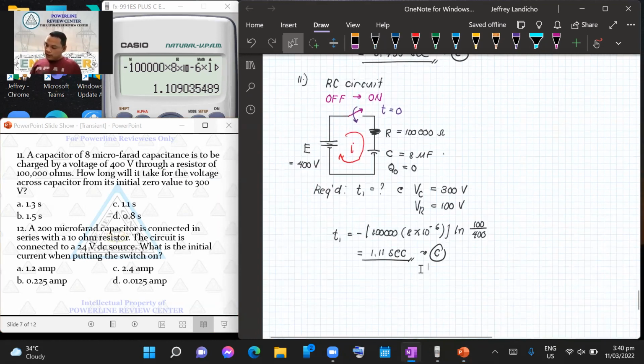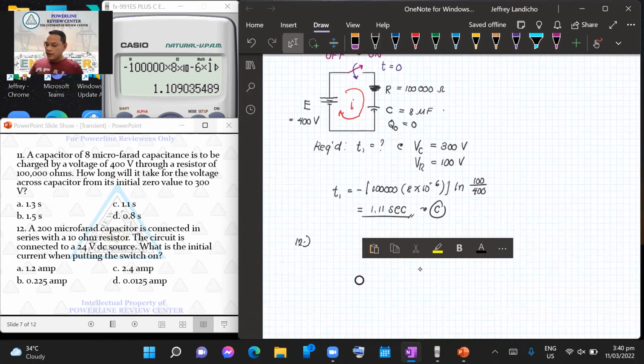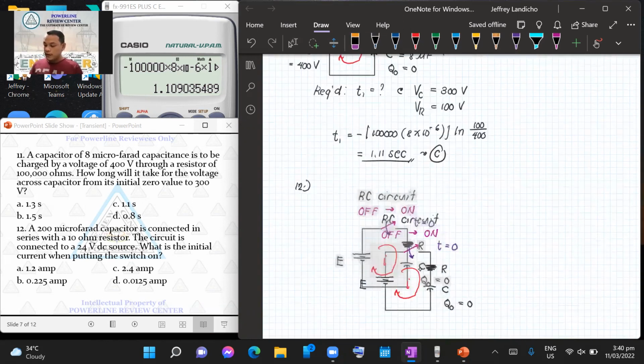Sige, let us try number 12. So, for 12, again, we have an RC circuit. 200 microfarad connected in series with a 10 ohm resistor. The circuit is connected to 24 volts DC. What is the initial current when putting the switch on? Mas mabilis na ito, kapatid, kung nagets natin yung behavior ng ating RC circuit.